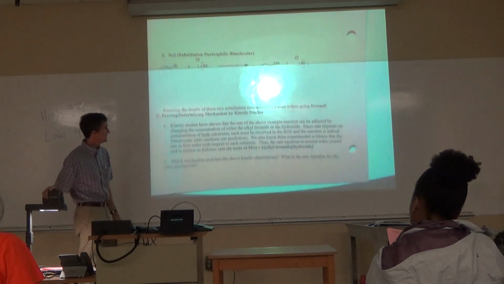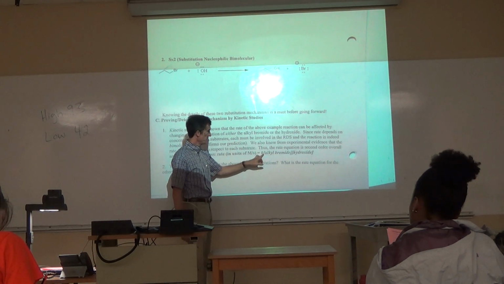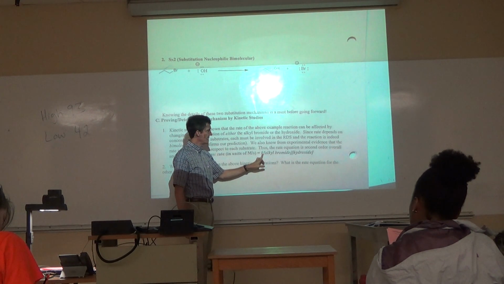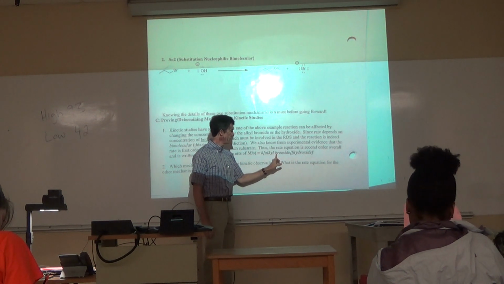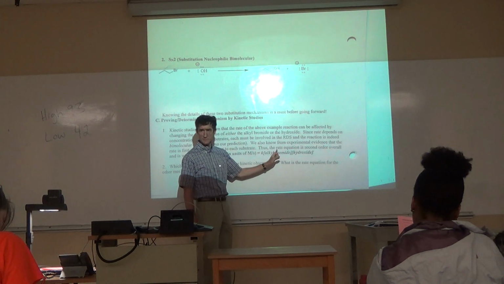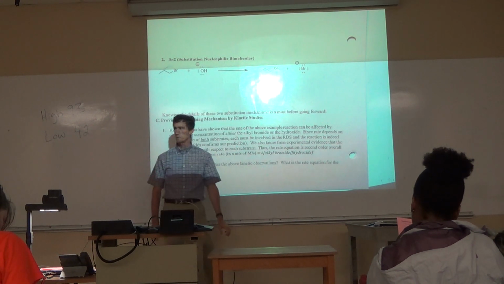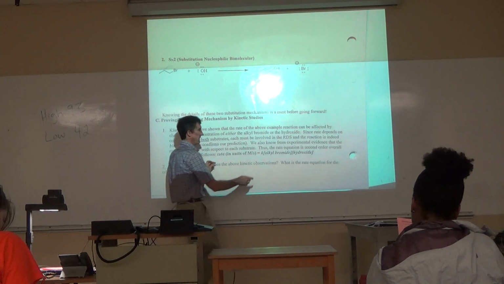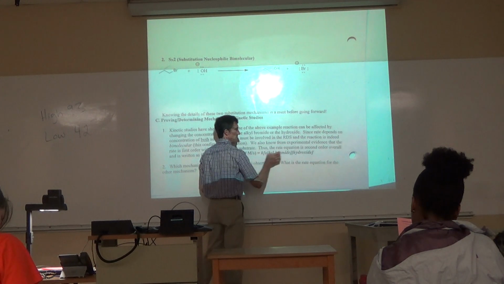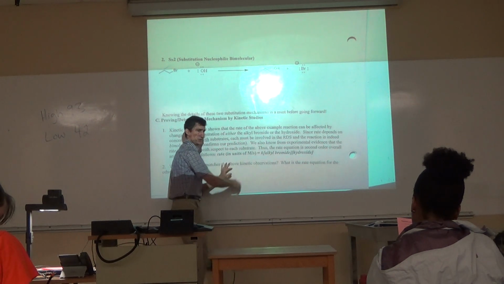The rate law equation for the SN2 is some constant, k, times the concentration of the alkyl bromide, that is the thing with the leaving group, times the concentration of the nucleophile, in this case hydroxide. SN2, they're both involved in the rate determining step. Thus, they're both included in the rate equation.